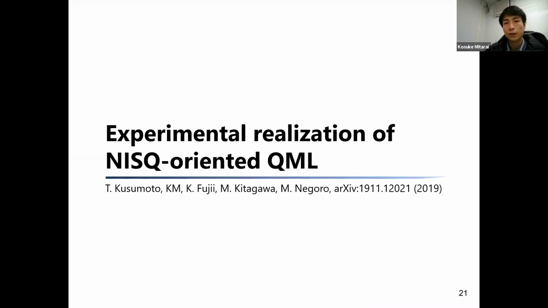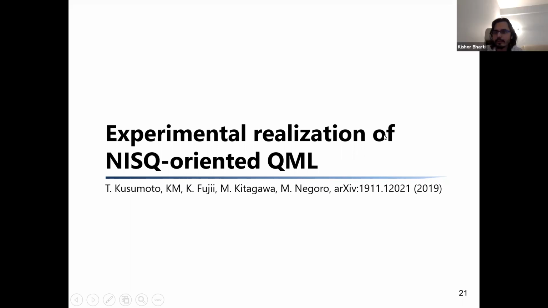So another work I will talk about today is the experimental realization of quantum machine learning. I don't know the audience of this talk, but are there any experimentalists or are they all theorists?